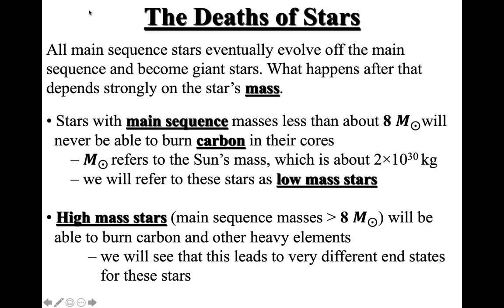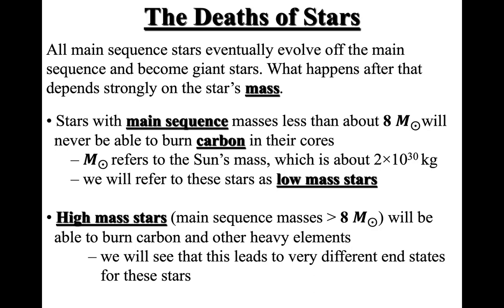Now, when you have a main sequence mass greater than 8 solar masses, these stars are referred to as high mass stars. For these high mass stars, they gain enough temperature in the core so that they can burn carbon into heavy elements.